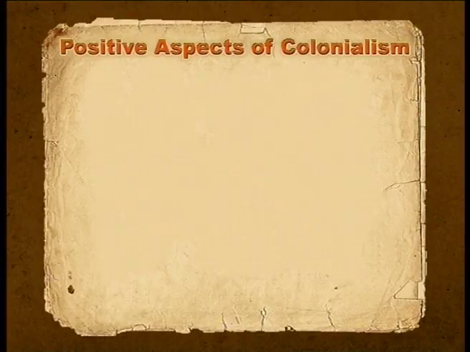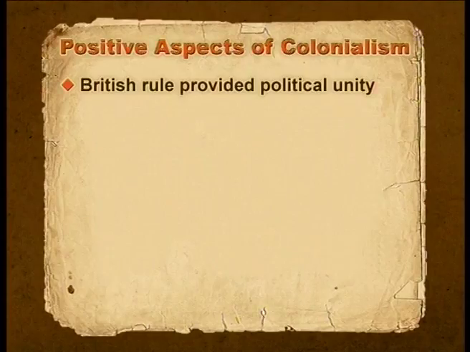So, coming to the end of the lesson, when we look at colonial exploitation, we can always look at two angles. One is from the Indian angle and the other from the British angle. The British writers and supporters always felt that the British rule had a lot of benefits to the Indian economy, mainly because they considered that British rule provided political unity.